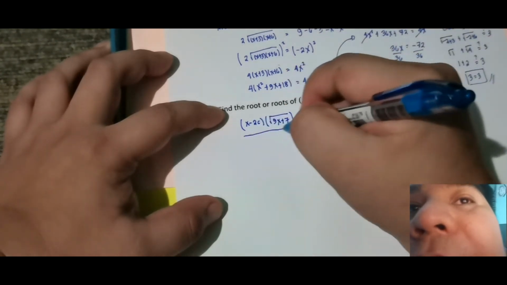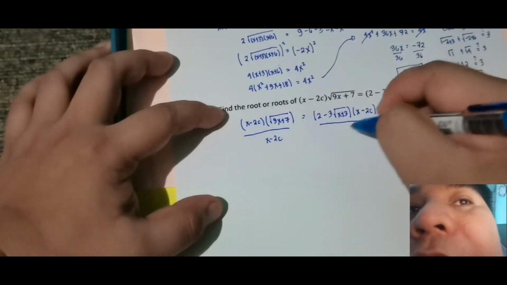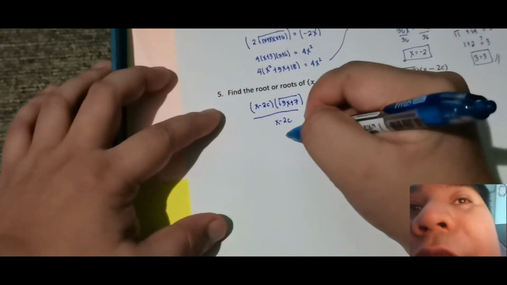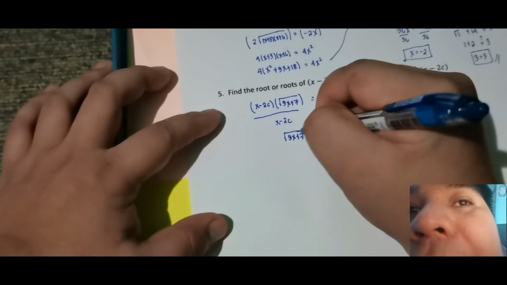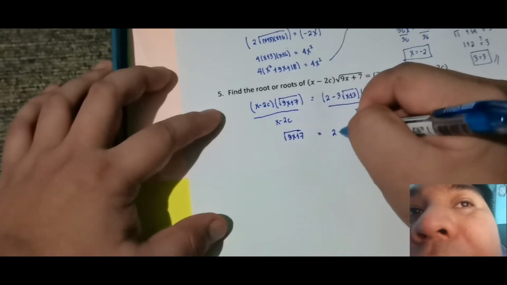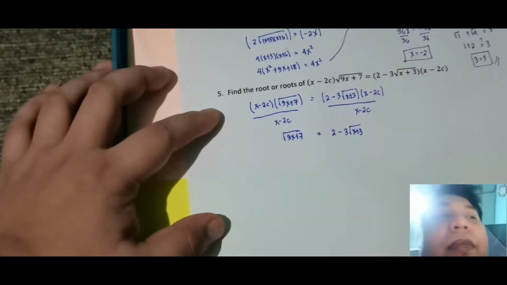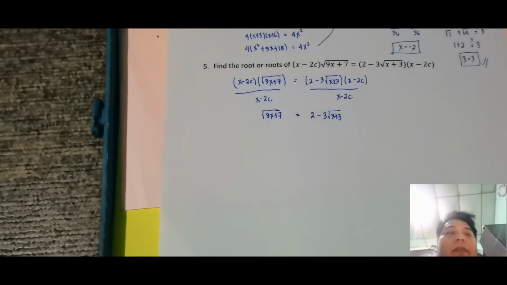Okay, divide both side by x minus 2c. Okay, so ang matitira is 9x plus 7 equals sa 2 minus 3 square root ng x plus 3. Okay, then ang sabi, lahat ng may radical dapat nasa right side or nasa left, then yung walang radical nandun sa right or left. Kung saan mo gusto itira.